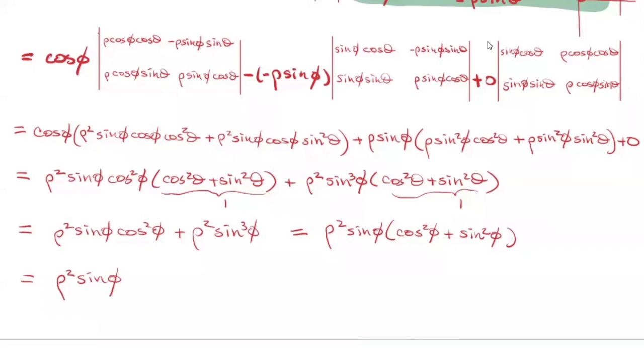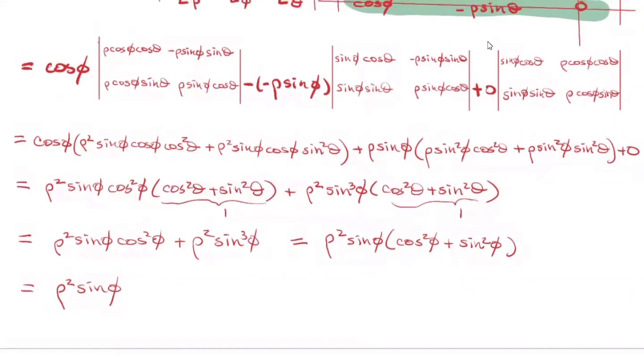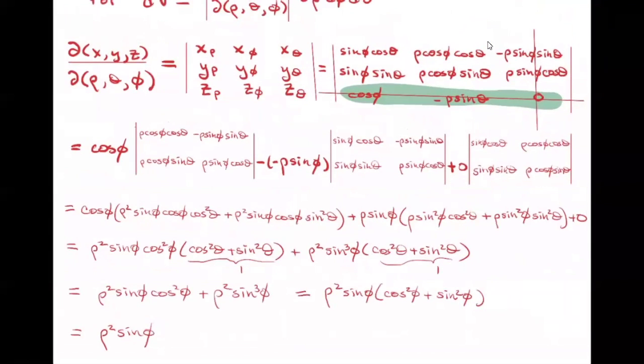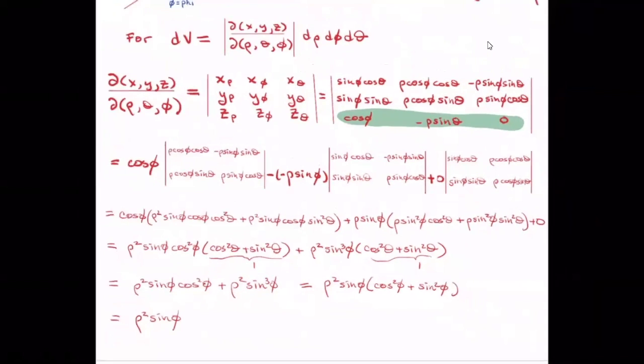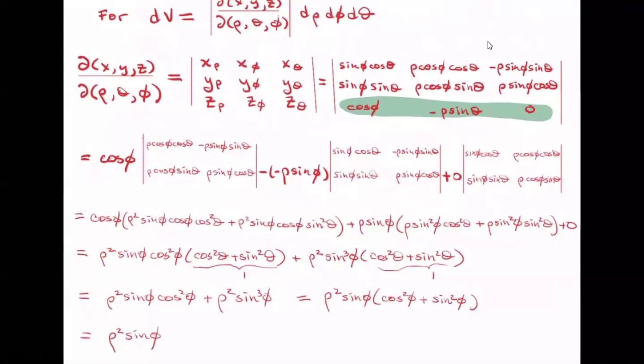We're going to pause and see if you have any questions about this simplification. This is going to affect all of the integrals we do in spherical. So that's never fun.